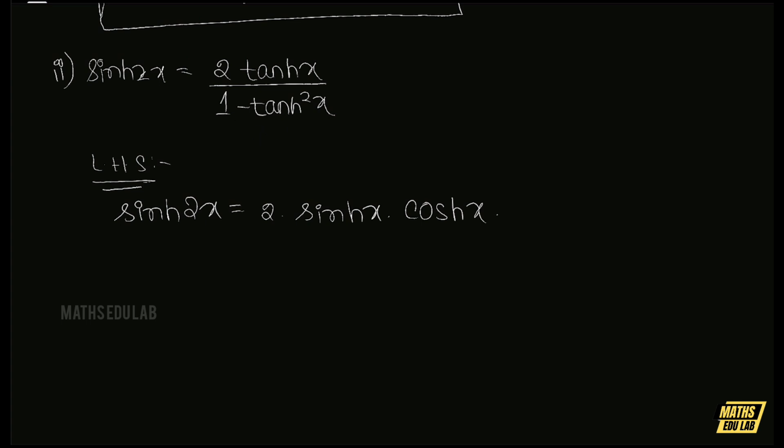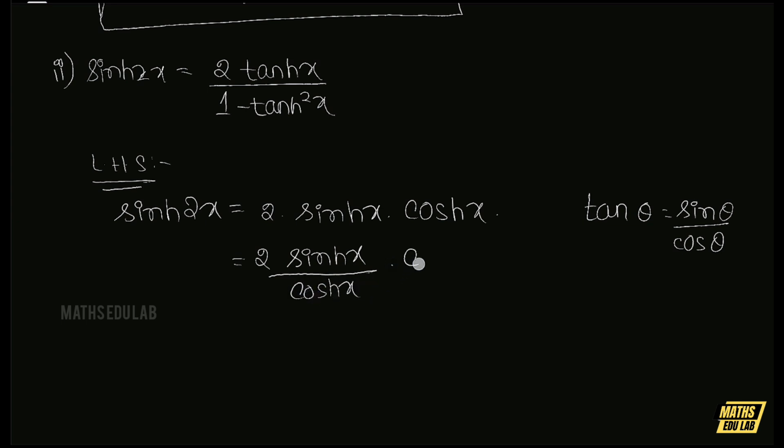So for that, we know for tan hyperbolic, or consider tan theta is equal to sine theta upon cos theta. So to get this one, if I multiply and divide by cos theta, we can get this term. See here, 2 sine hyperbolic x upon cos hyperbolic x into cos hyperbolic x into cos hyperbolic x. So in this step, I just multiplied and divided by cos hyperbolic.